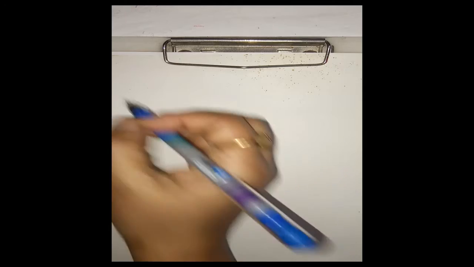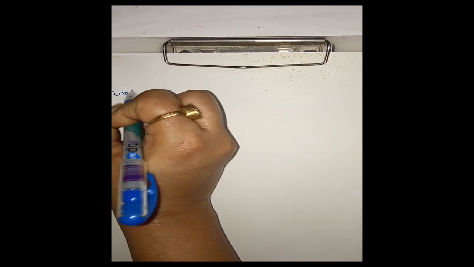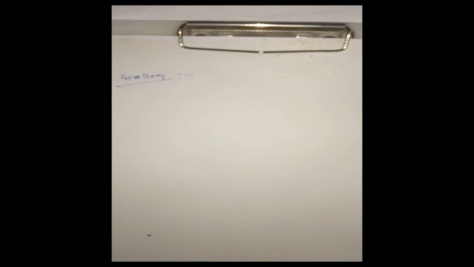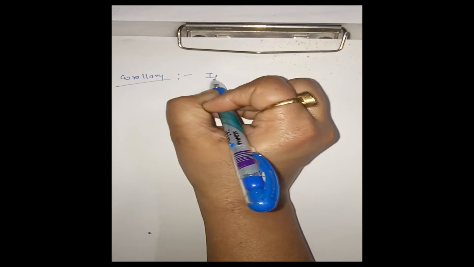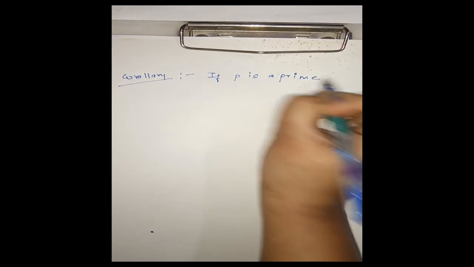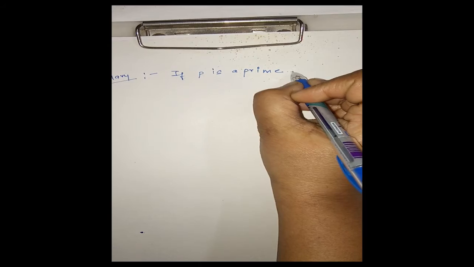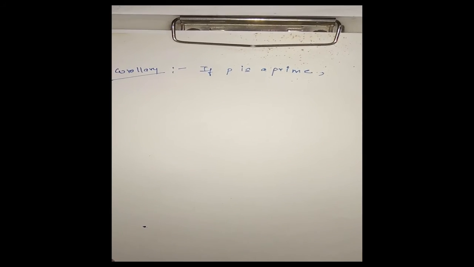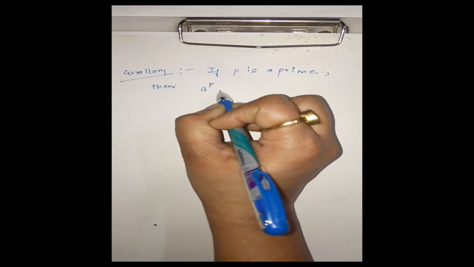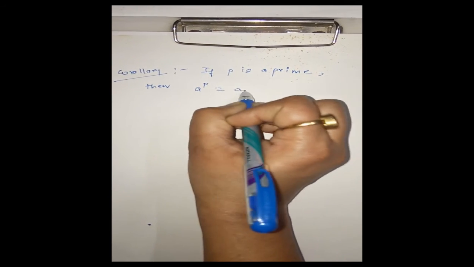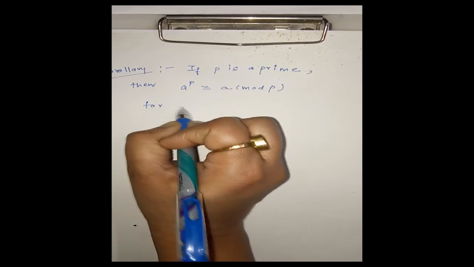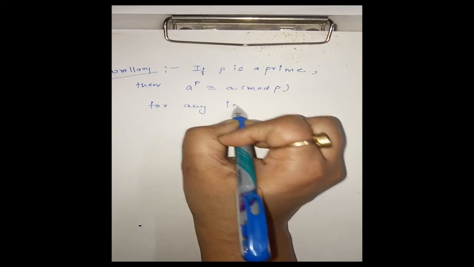Okay, this is a corollary to this statement. Here, if p is a prime, then a power p is congruent to a modulo p for any integer a.